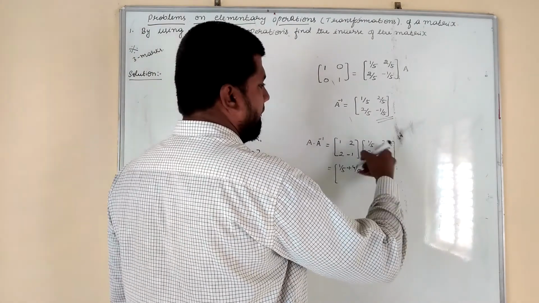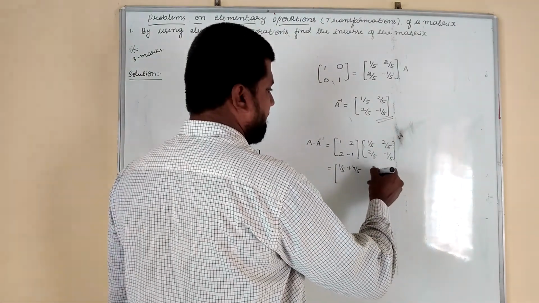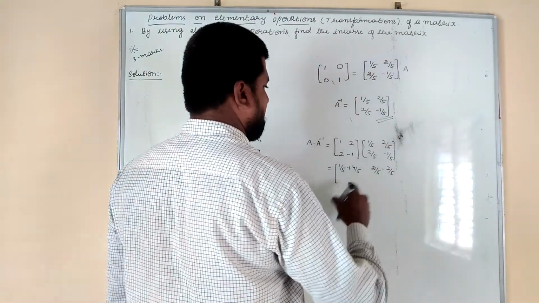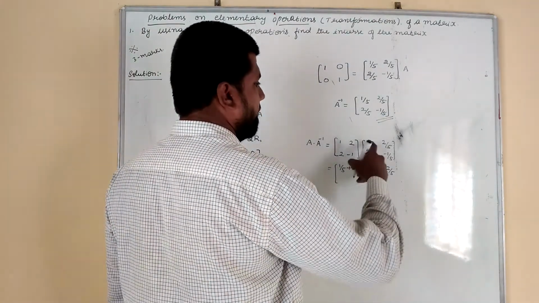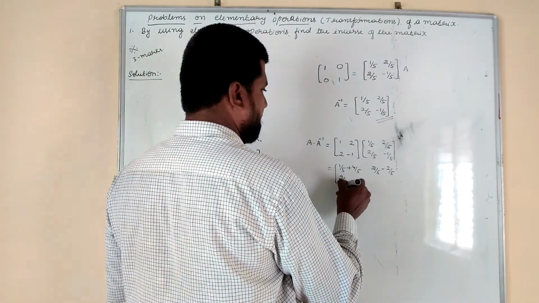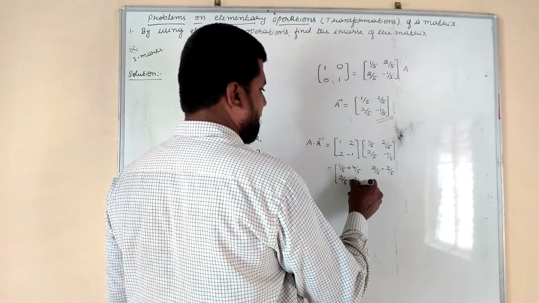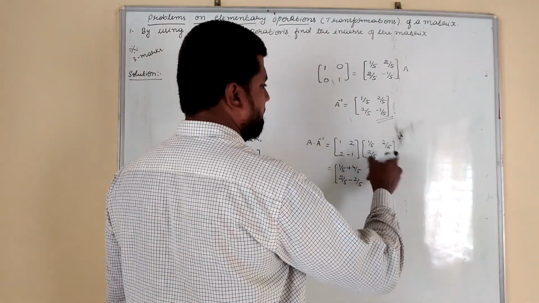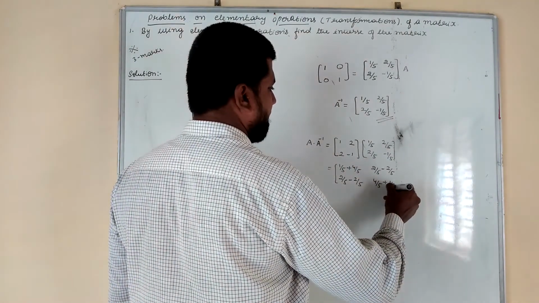Here 1 into 2 by 5 means 2 by 5, then 2 into minus 1 by 5 means minus 2 by 5. Then in the second row first column, 2 by 5, then minus 2 by 5, then 2 into 2 is 4 by 5, then minus into minus plus 1 by 5.